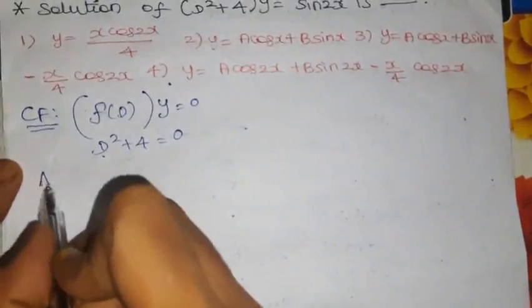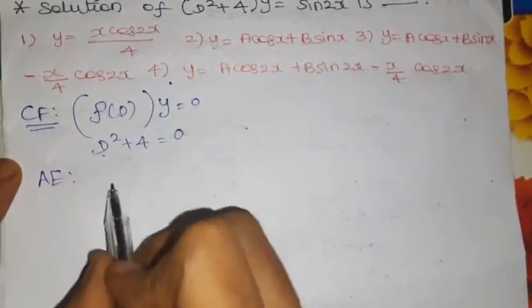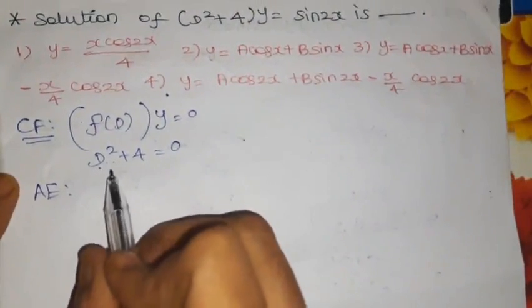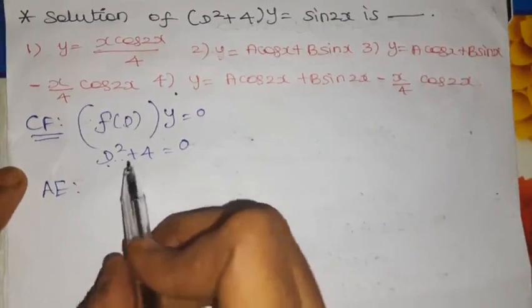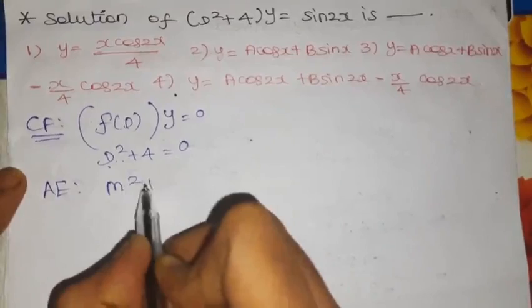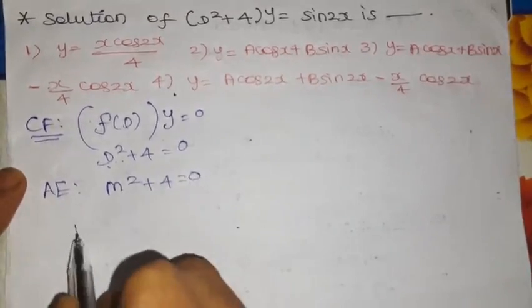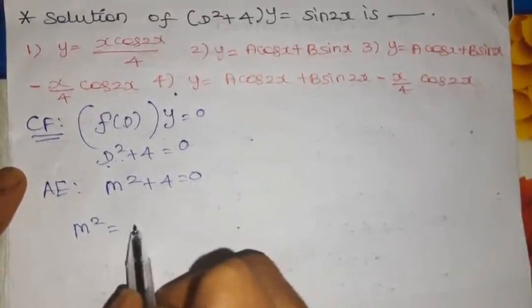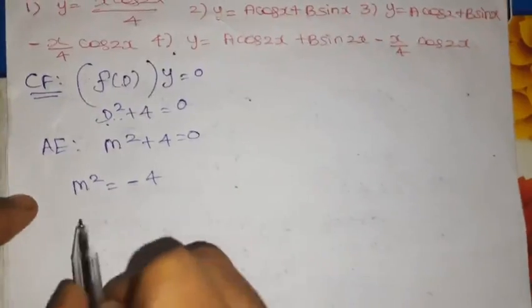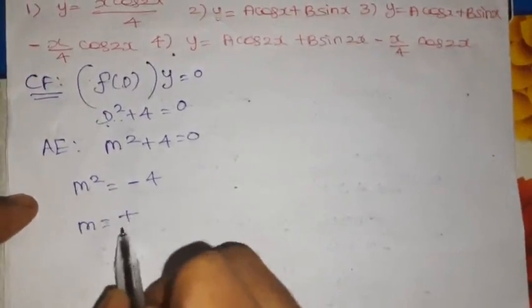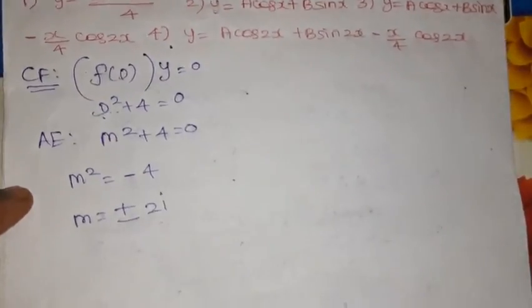Then form the auxiliary equation: just replace d by m, m squared plus 4 equal to 0, m squared equal to minus 4. Then what is m? This is complex conjugate, plus or minus 2i.